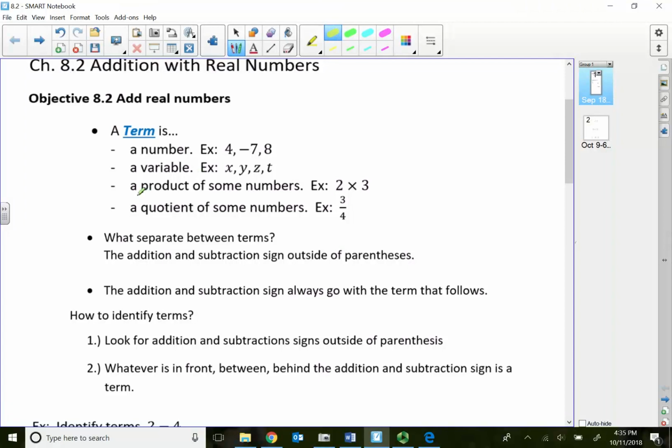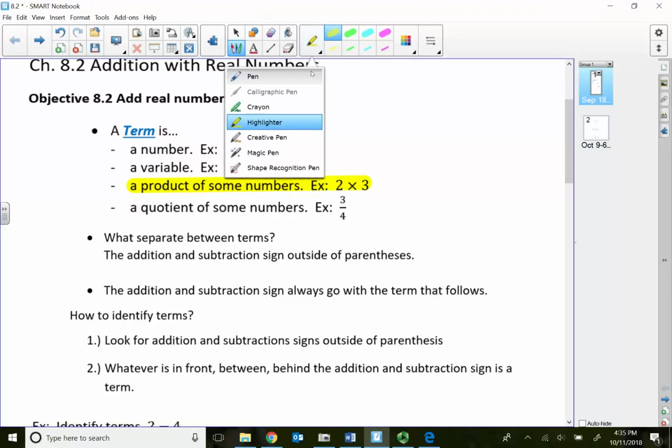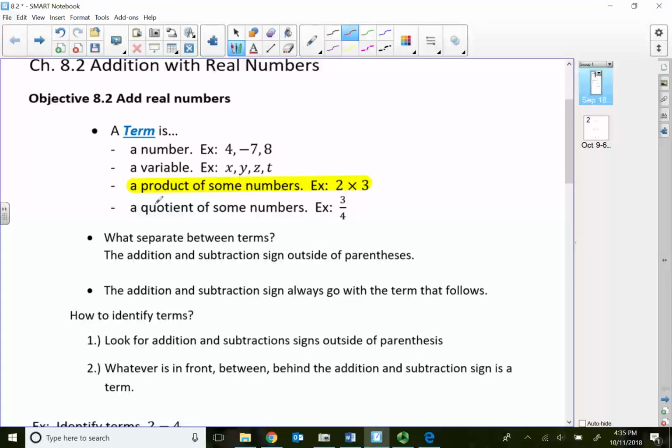But the definition gets a little bit tricky when it comes to this third one. A product of some numbers is considered as one term. The word product means multiplication. So what we're saying here is that a multiplication between anything is considered as one term.